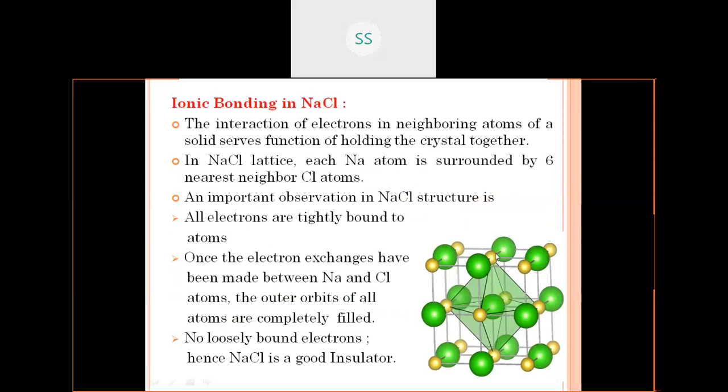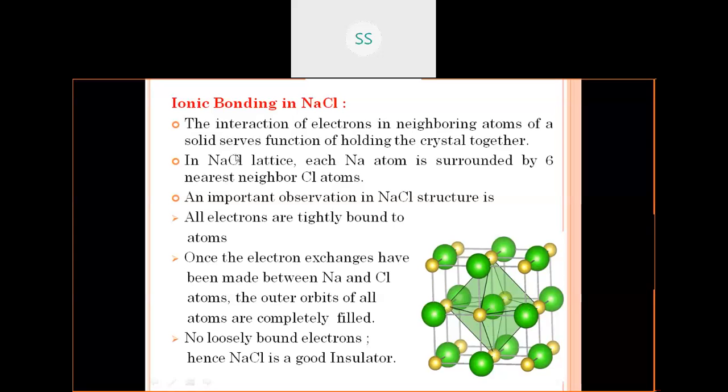This shows ionic bonding in NaCl. Assume that the center one, green, is sodium Na, and whatever is in golden color is nothing but the chloride ions. Observe that to this central sodium ion there are 6 chloride ions: 1, 2, horizontally 3 and 4, then 5 and 6.